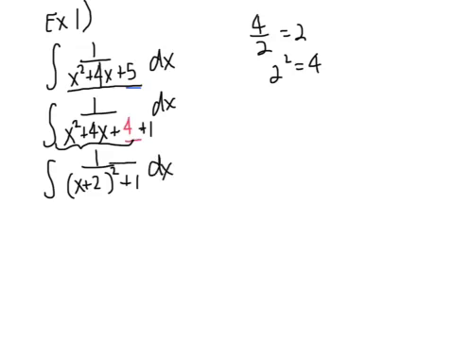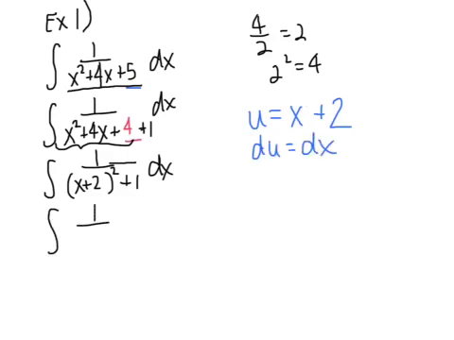So why is that helpful? Well, if we do a u substitution, then we're going to see that, oh, sorry, got a little mistake there, u equals x plus 2 and du would be dx. And so this would become 1 over u squared plus 1 du.